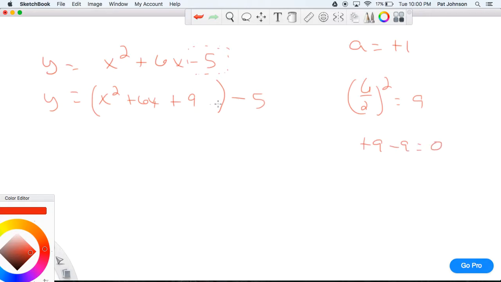So since I add 9, I'm also going to subtract 9 on the same side. Now I can factor this to x plus 3 squared minus 5 minus 9 equals minus 14. Now it's in vertex form. Now I can graph it and get all that information by looking at the equation.